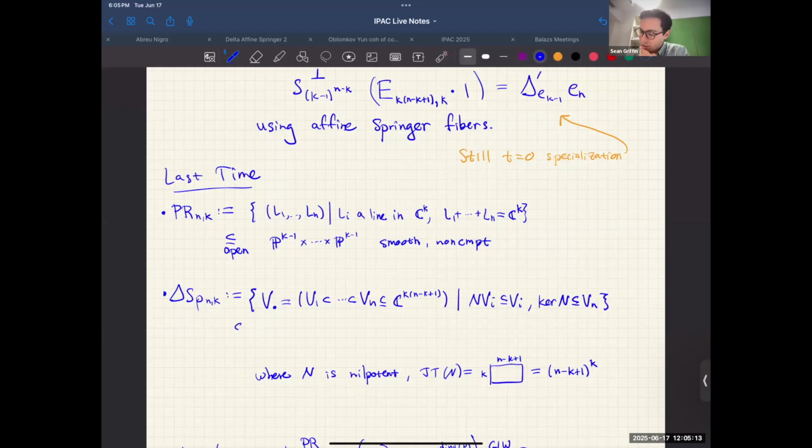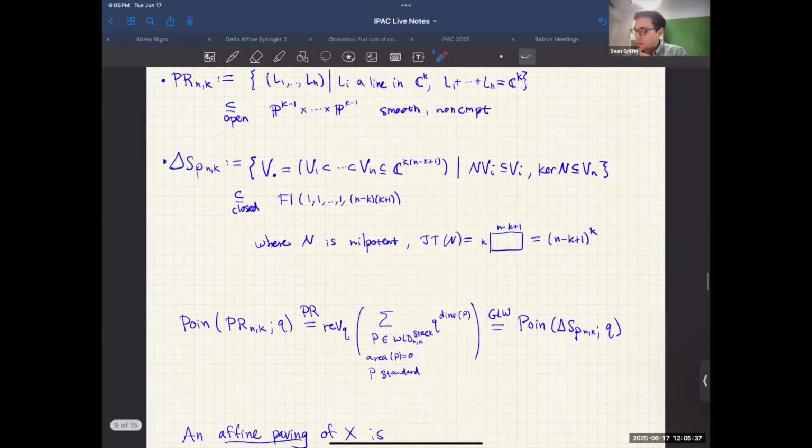And so this is a closed subvariety of the partial flag variety, where you're building up the flag one dimension at a time, but then there's a big jump of n dimensions.